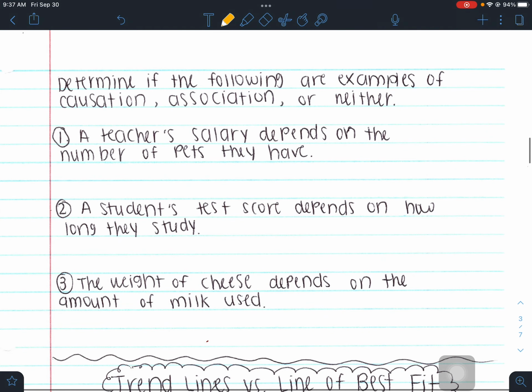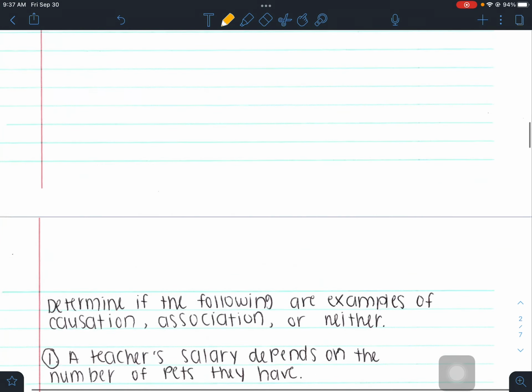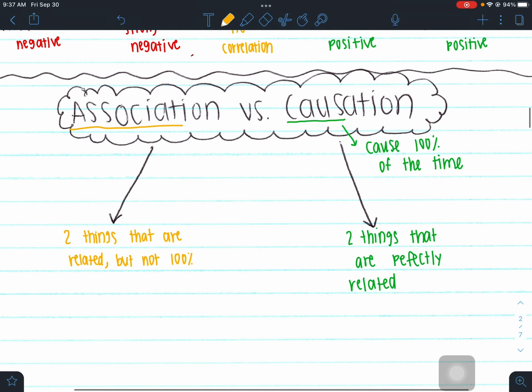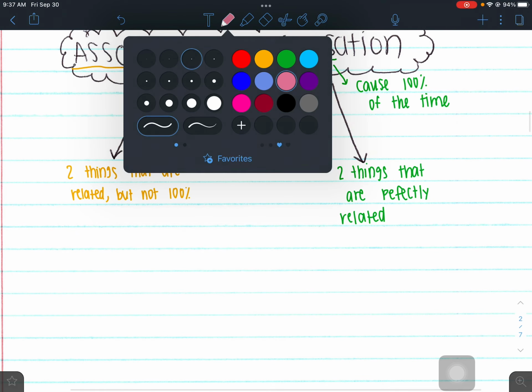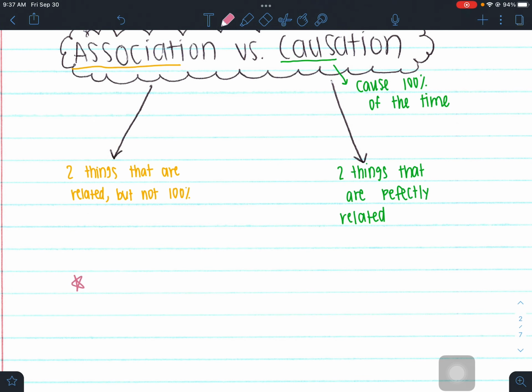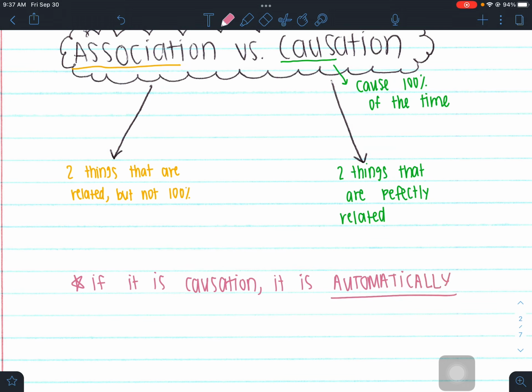All right, so we're going to go ahead and do some examples. Now, before I start this, actually, let's go ahead and go back. If something is causation, it is automatically association too.